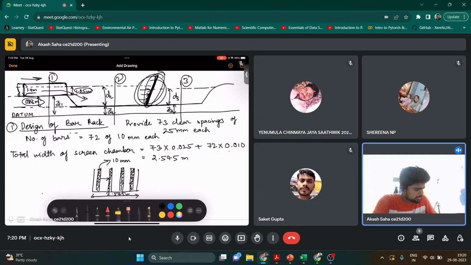And the clear spacing here, it is 25 mm. So we have this type of rods as 72 numbers, and this spacing as 73. So are you able to visualize the problem now? So like this way, we will design the bar rack. So we have to find out the total width, the clear width, the number of clear spacings, and the number of bars.